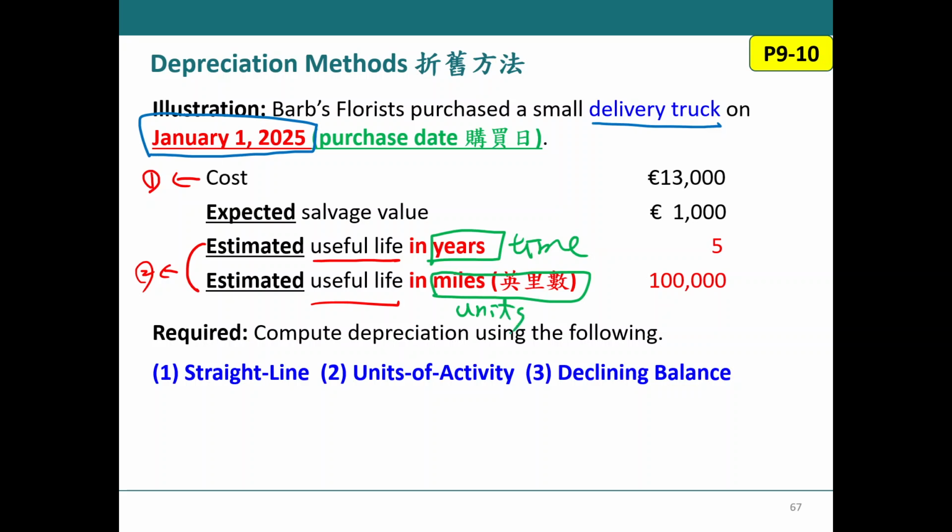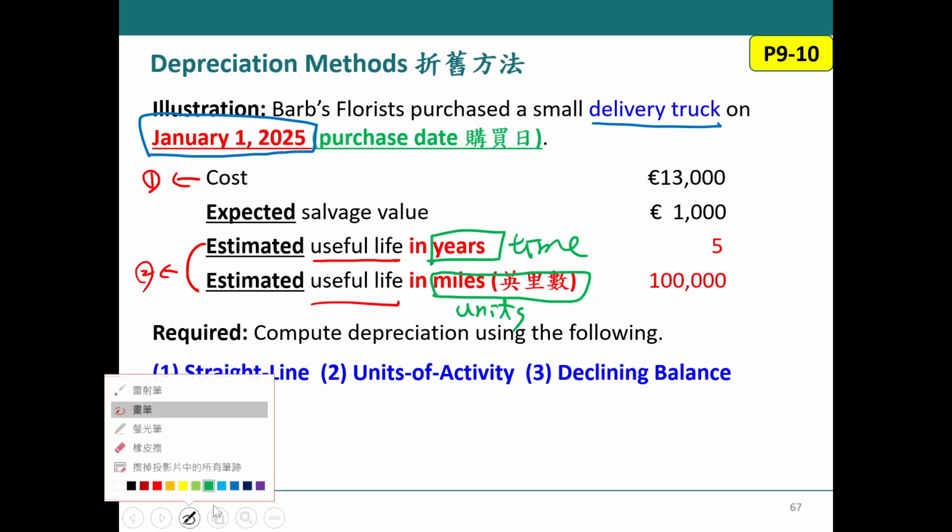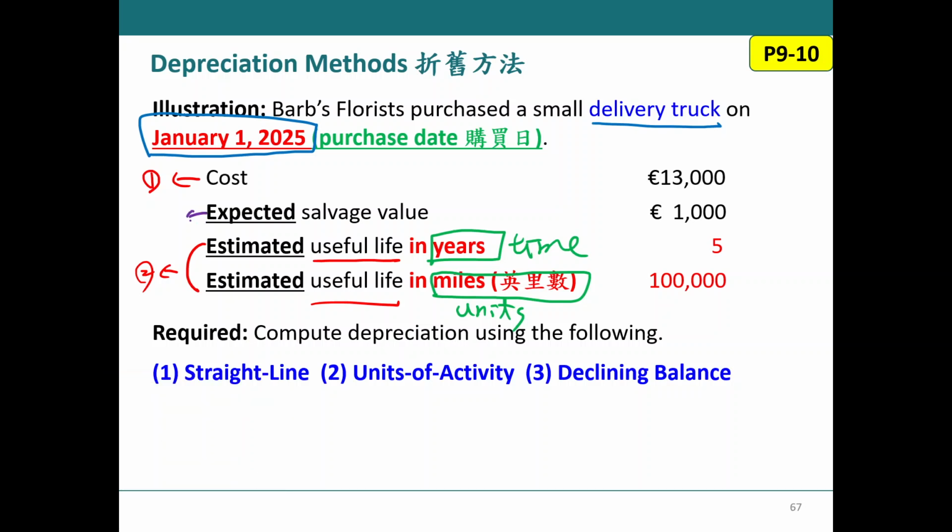Okay, so that's the second factor about useful life. How about the third factor? The third factor is residual value, right? So this is your residual value, salvage value, 残值. So what's that? The value on the last day.